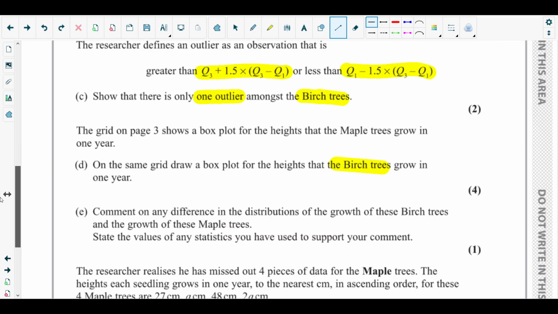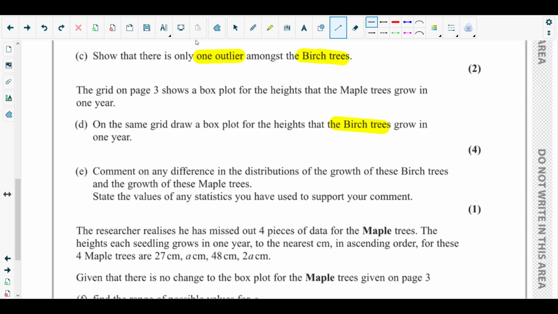Let's see what they have asked next. Part D is done, just the box plot. In part E: comment on any difference in the distributions of the growth of these birch trees and the growth of these maple trees.